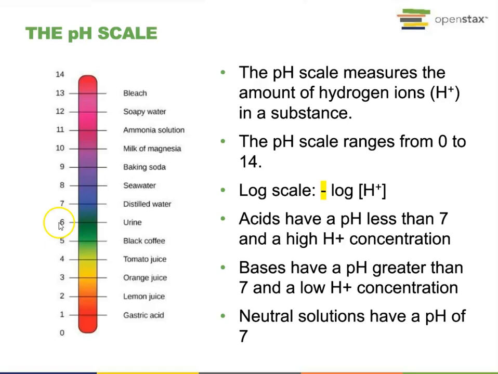Therefore, from 0 to 7, everything below 7, the solution will be acidic because it has a higher hydrogen ion concentration than hydroxide ion concentration. On the other side, if the pH is above 7, anywhere between 7 and 14, the hydrogen ion concentration will be lower than the hydroxide ion concentration. Then those solutions are called alkaline or basic.